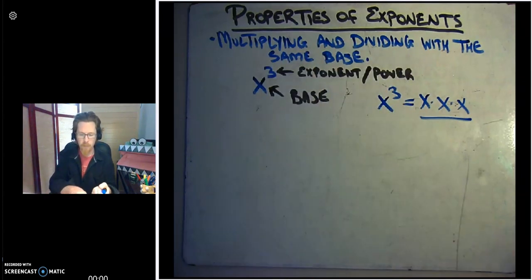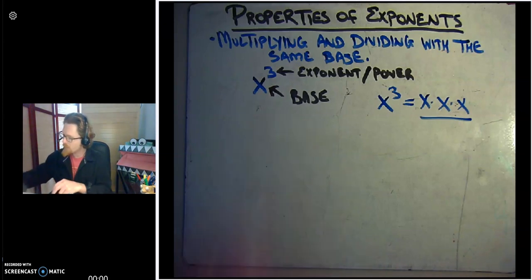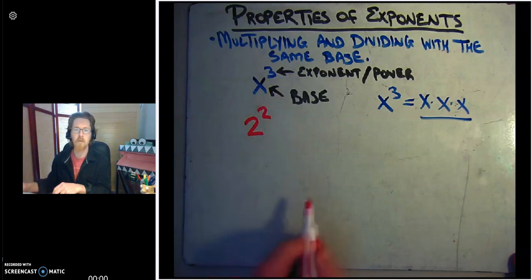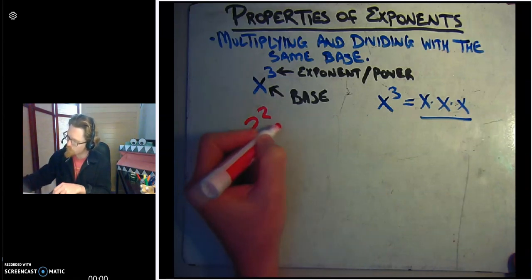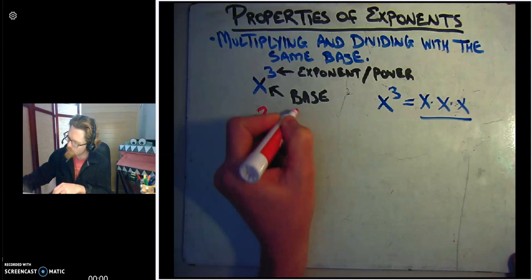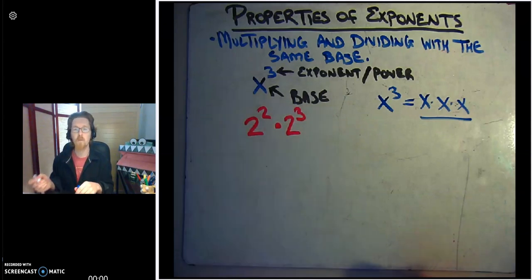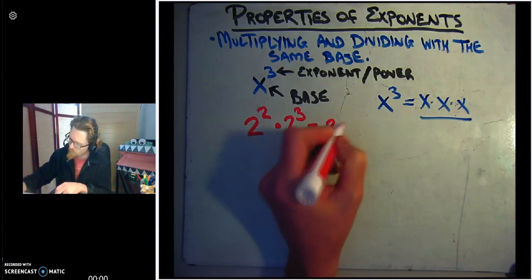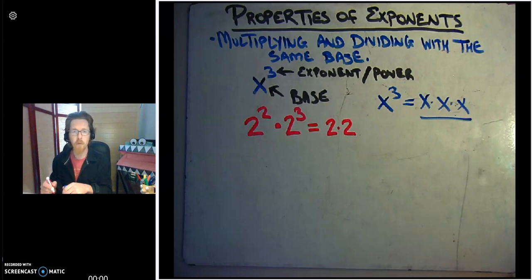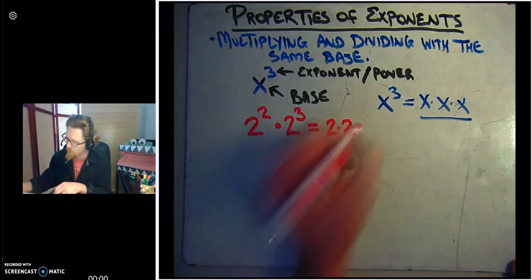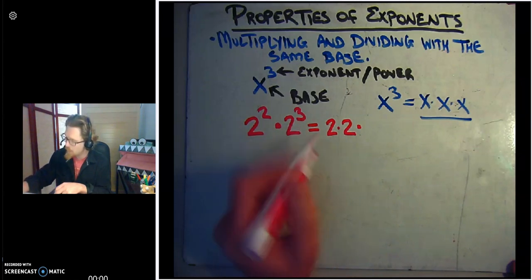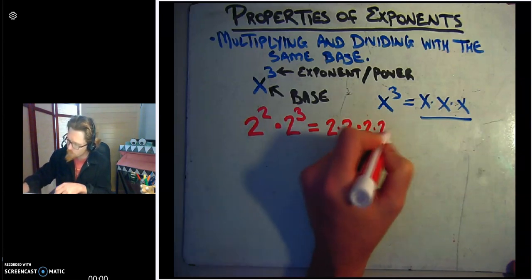Here's what I mean. Let's say I have the number 2 raised to the second power, which means 2 times 2. And I want to multiply that by 2 raised to the third power, which means 2 times 2 times 2. When I expand this out, 2 squared is 2 times 2, and now I'm multiplying it by 2 cubed, which is 3 2's.